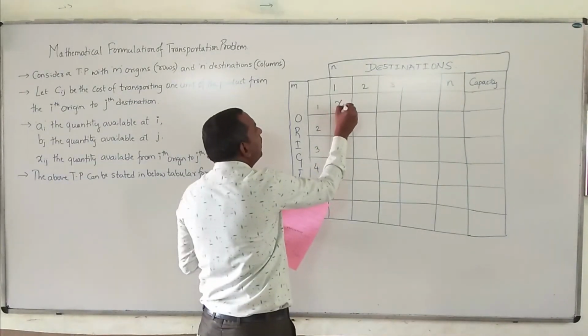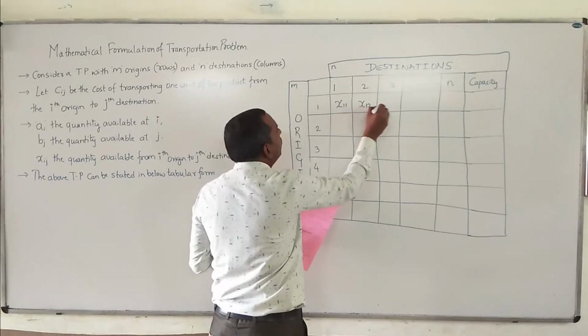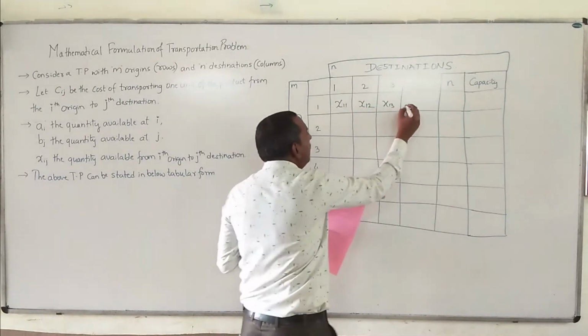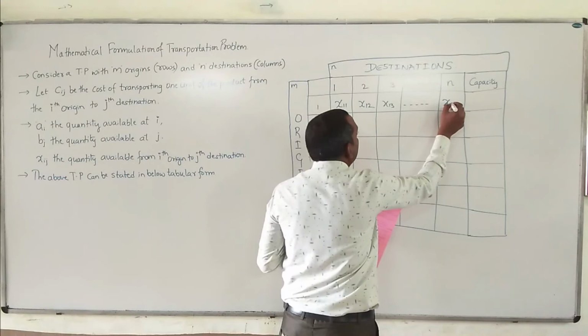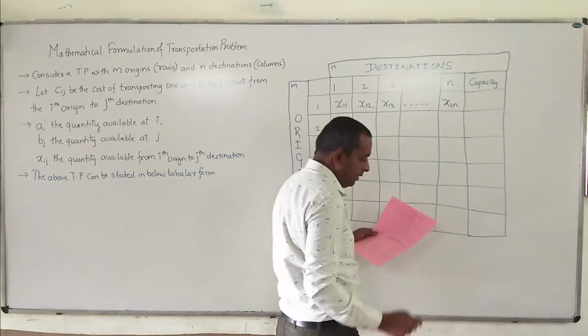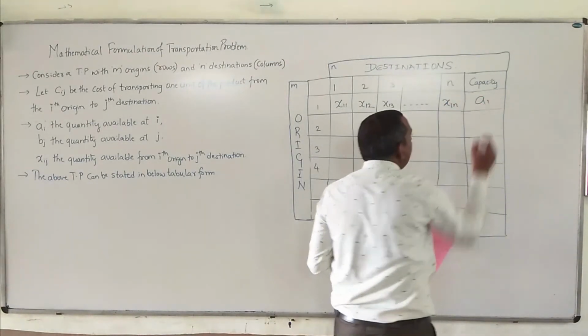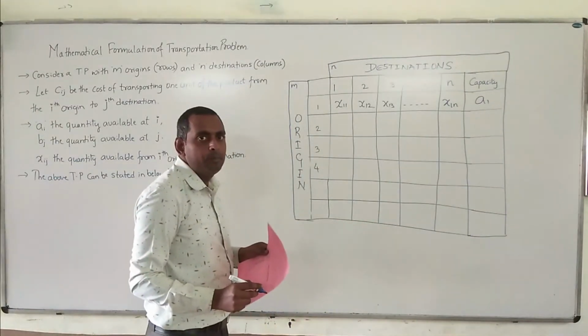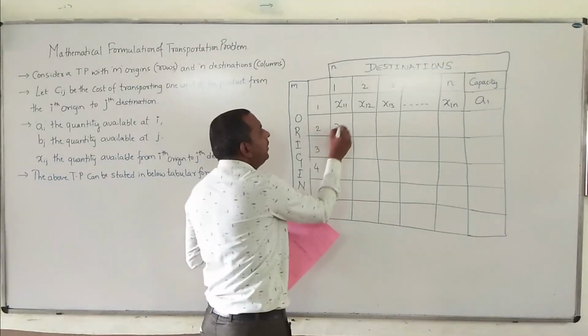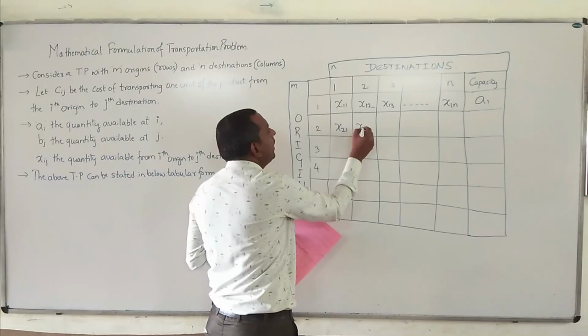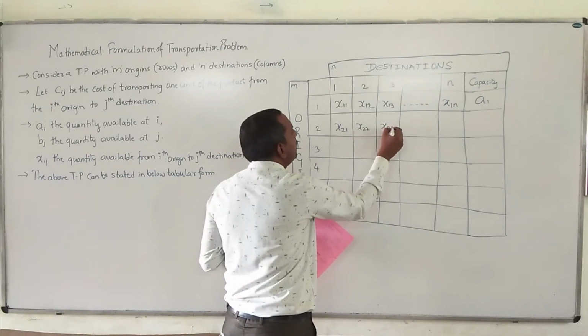This is x11, this is x12, this is x13, and so on up to x1n. The capacity is A1. In the same way, it is x21, x22, x23, and so on up to x2n, and its capacity is A2. And the same way x31, x32, x33 up to x3n, that is A3. Fine.